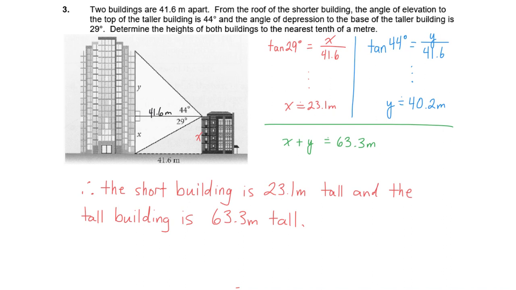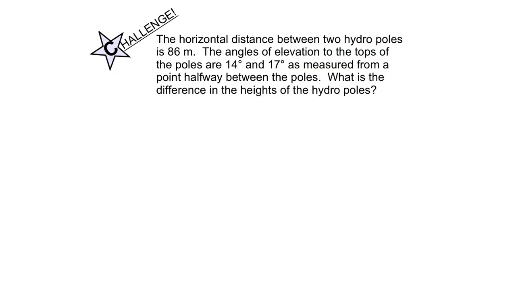I went through that one fairly quickly because the math is pretty much the same as what we've seen in the previous examples. I have a challenge question if you're up for the challenge. The horizontal distance between two hydro poles is 86 meters. The angles of elevation to the tops of the poles are 14 degrees and 17 degrees as measured from a point halfway between the poles.